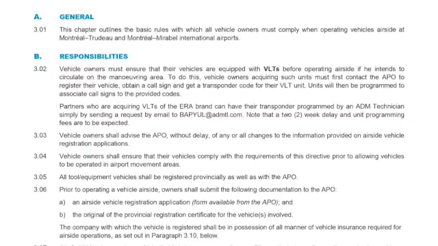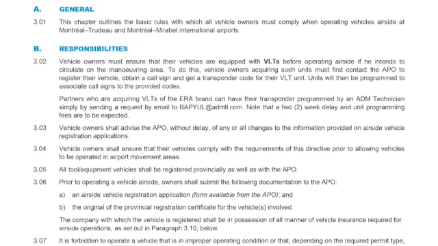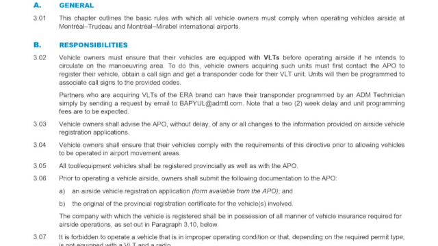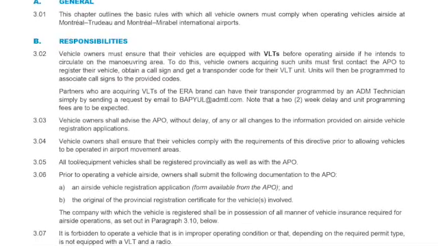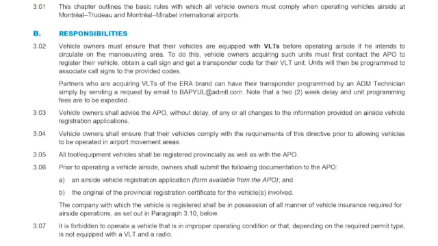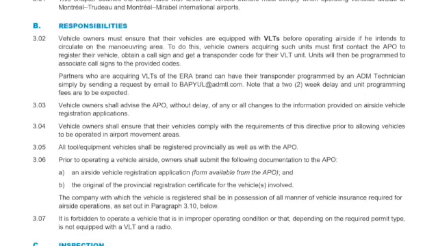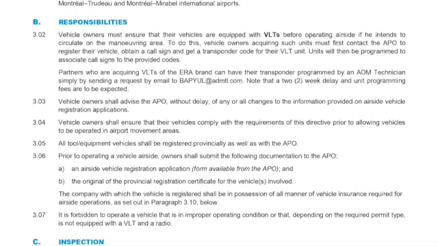03. Vehicle owners shall advise the APO, without delay, of any or all changes to the information provided on airside vehicle registration applications. 04. Vehicle owners shall ensure that their vehicles comply with the requirements of this directive prior to allowing vehicles to be operated in airport movement areas. 05.